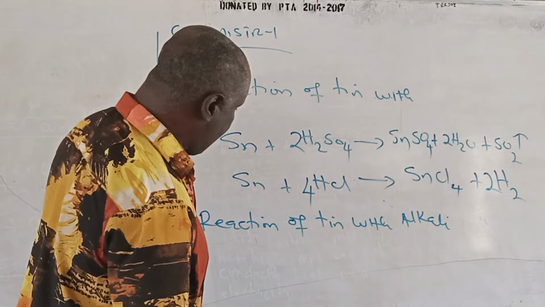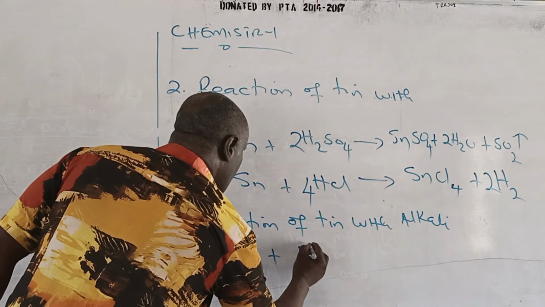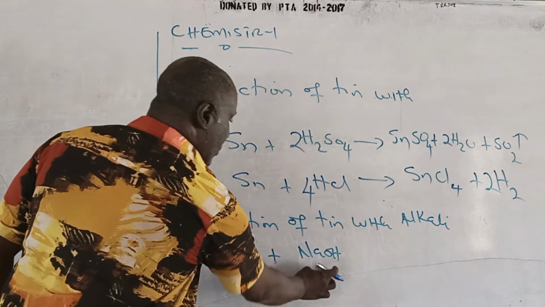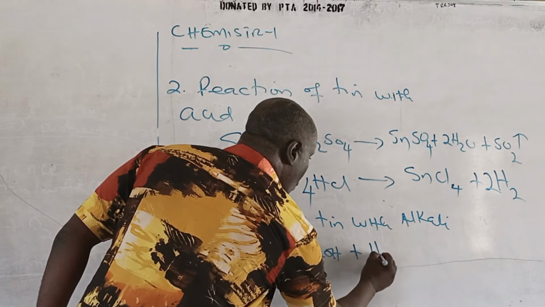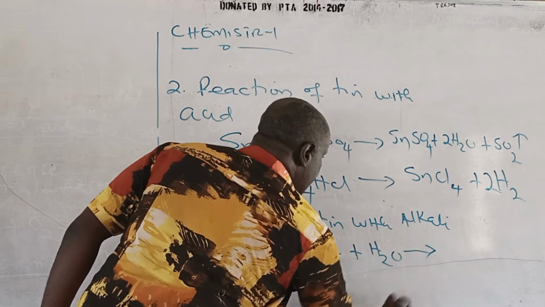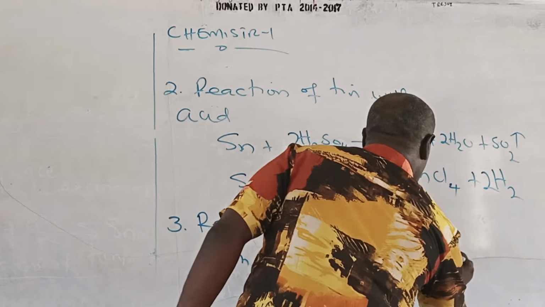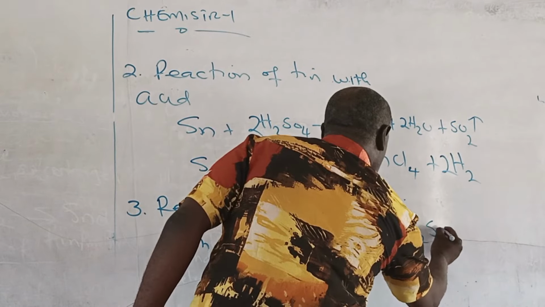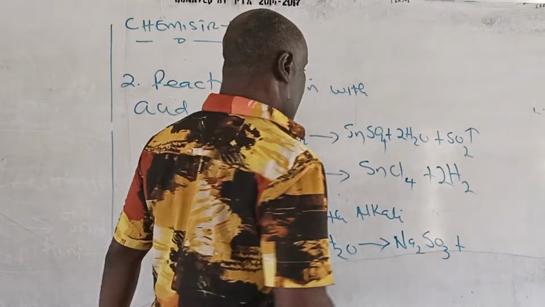So let's look at an example. We have tin plus sodium hydroxide. And because it's a solution of sodium hydroxide, we'll be putting water here. So when these react together, it produces Na2SnO3 plus hydrogen.